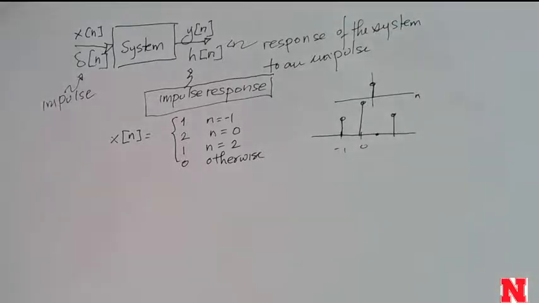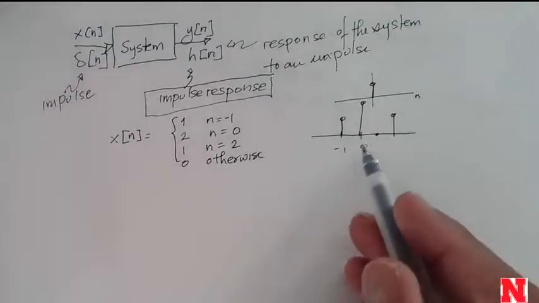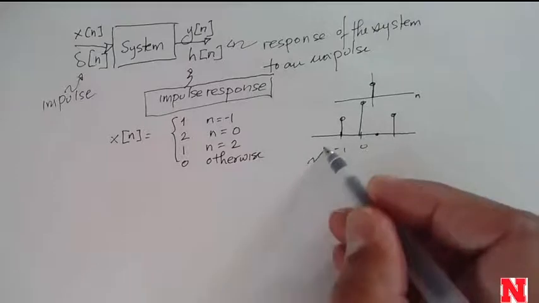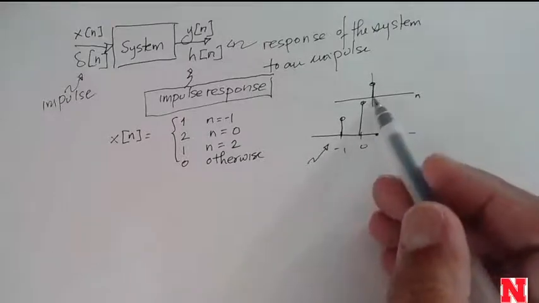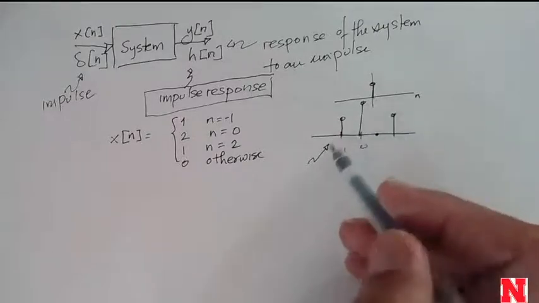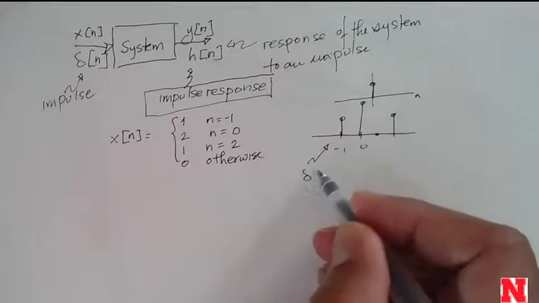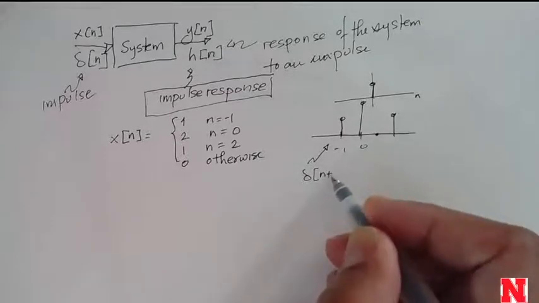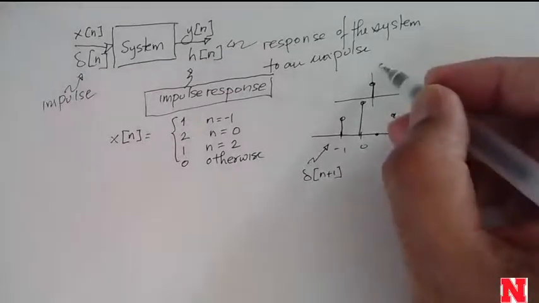Okay? Now, I could write this thing here as just the delta function shifted over by 1. Remember that this is delta of n.